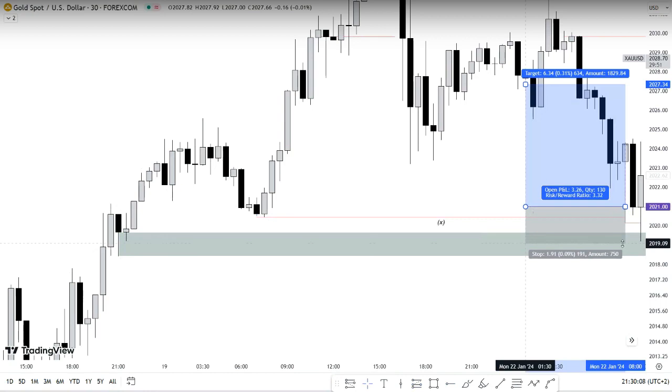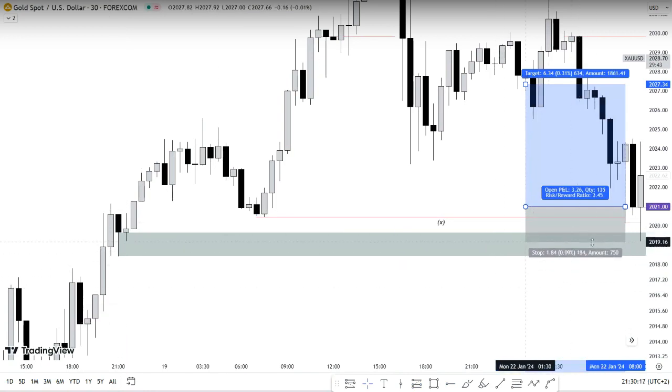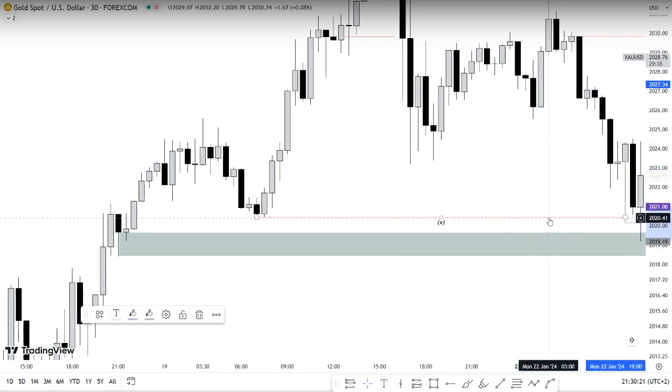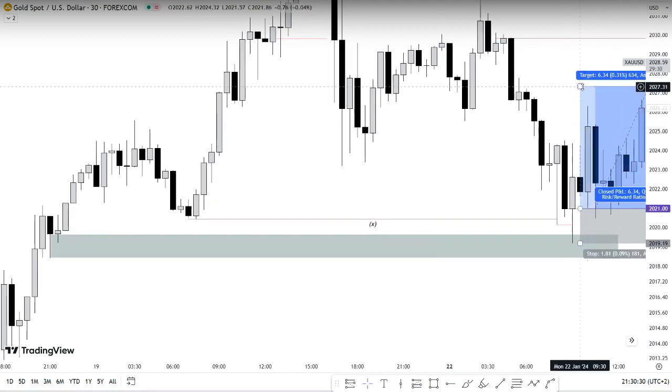If you're comfortable, you can set it below this low, right? Depending on you. Maximum for me on gold is 30 pips. So even this one, I'll still be happy with it, bro. There's no need for me to be greedy. And then you can see that price on the M30 came back to that same level and then shot towards our target right here.